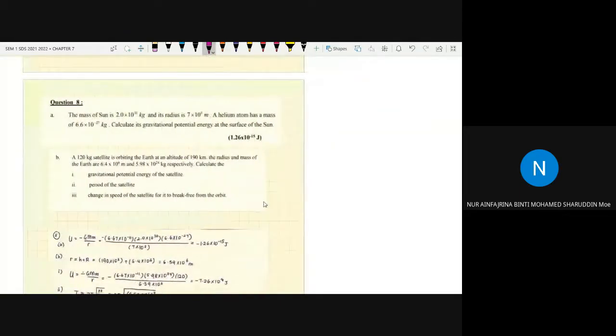Alright, now it says the mass of the sun is 2 times 10 to the power of 30 kg and its radius is 7 times 10 to the power of 8 meter. Okay, no problem. Let's draw the sun first. So this is the sun for example. The mass of the sun is 2 times 10 to the power of 30 kg and its radius is 7 times 10 to the power of 8 meter.